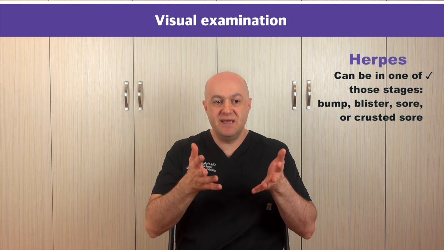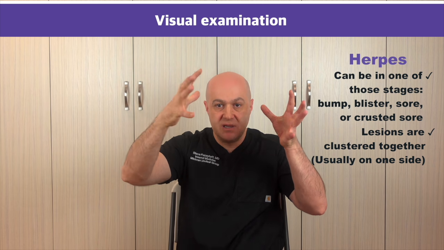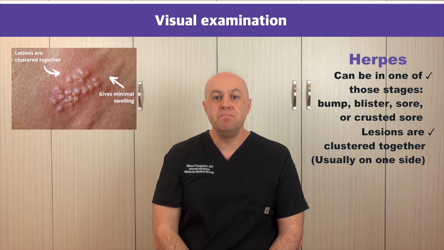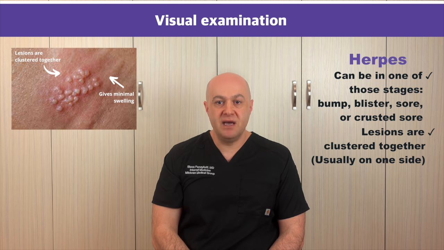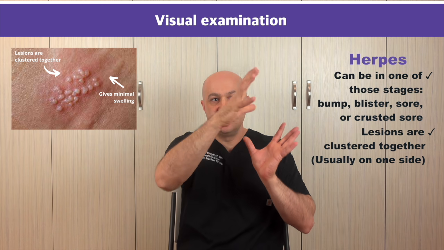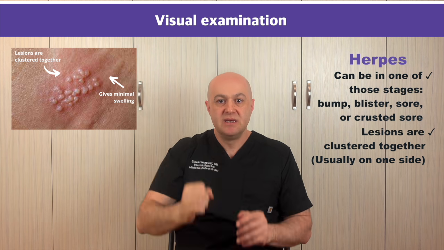But regardless of the herpes stage, you can usually see those bumps, blisters, or sores clustered together, usually on one side. You can usually see minimal swelling, but a lot of pain. A lot of pain with minimal swelling. Yes, it can be widespread, but it's usually one-sided.